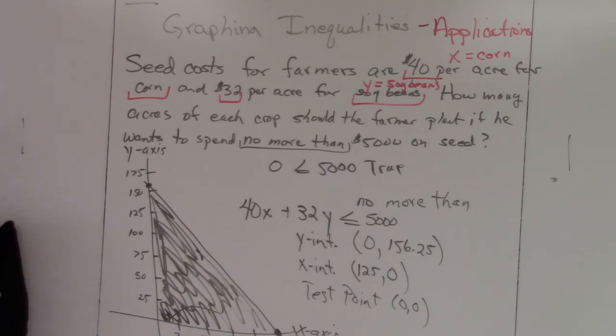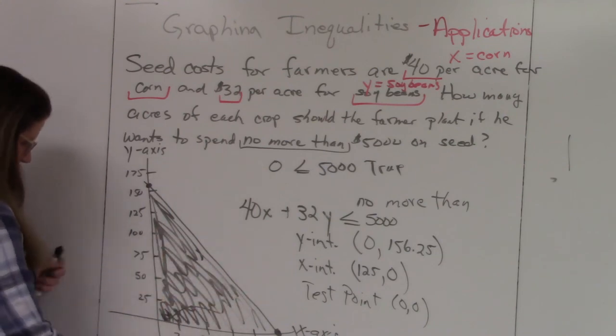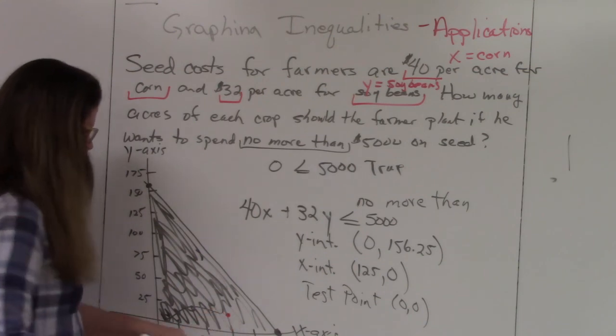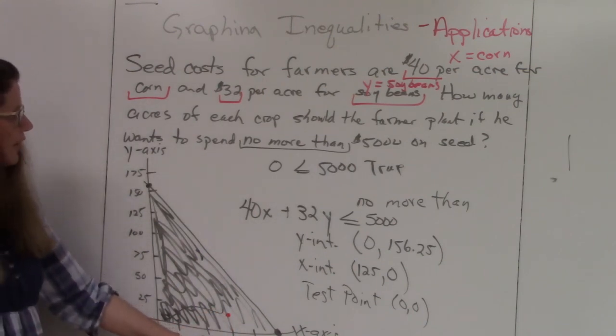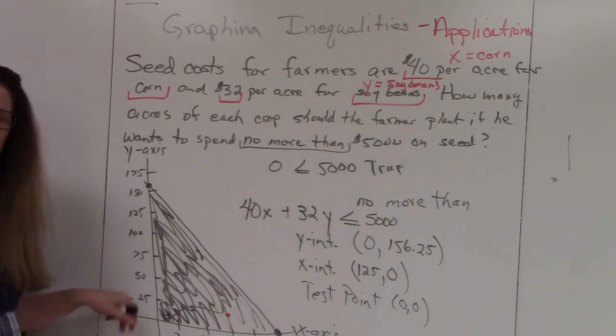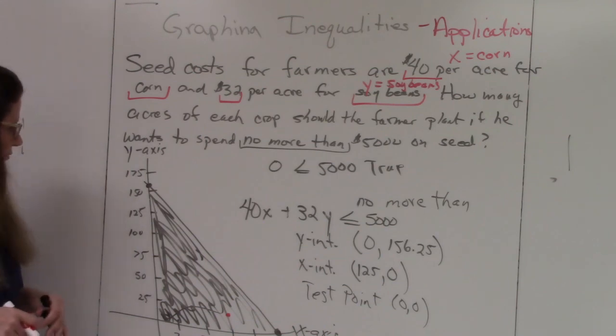Now, as far as your answers, all the points in here are solutions. So I can have a point at (75, 25). That means I have 75 acres of corn and 25 acres of soybeans, and I will be within that value of 5,000. It will be less than 5,000.